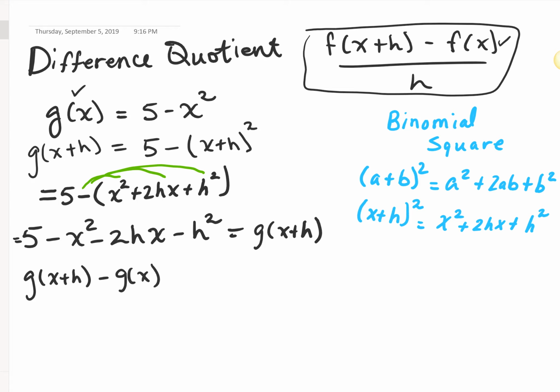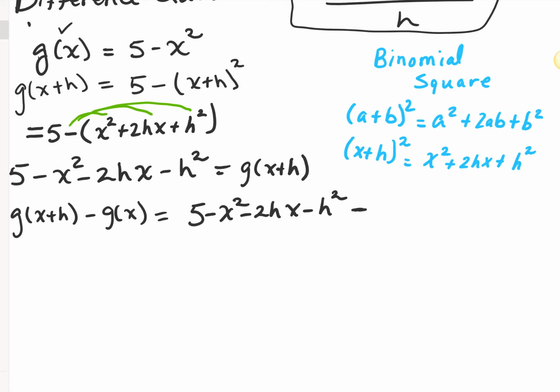So this is why I'm saying we take baby steps, because we're looking at each component piece by piece. So you have 5 minus x squared minus 2hx minus h squared, and you subtract what you had over here for g of x, and so you have minus, and then in parentheses 5 minus x squared, and yet again you have to distribute.